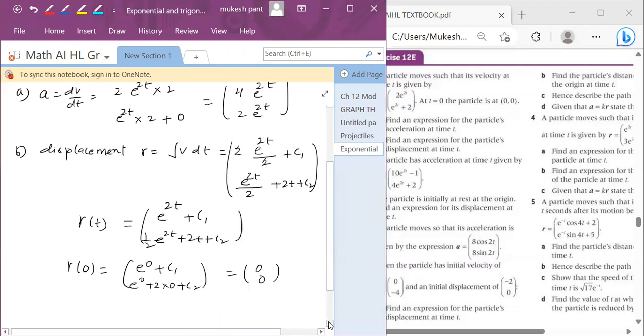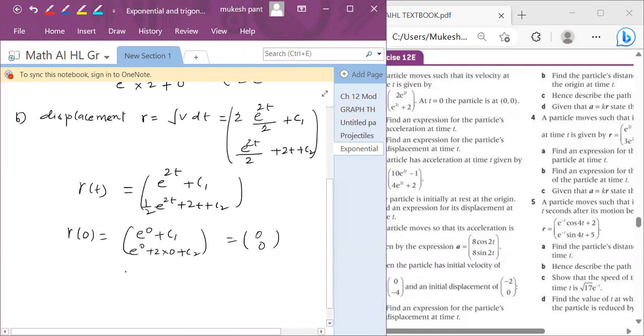So if you solve this one, we have 1 plus c1 equals 0, and 1 over 2 times 1 plus c2 equals 0. So from here c1 will be negative 1, and from here c2 will be negative half.